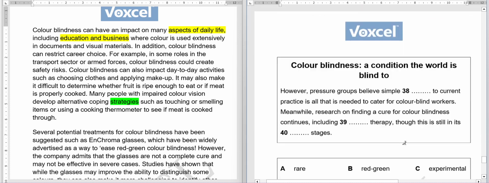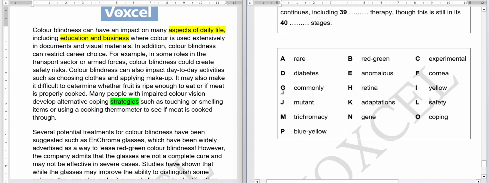Let me just mark the other options, G, J, P, B, E, H, and the other was O.